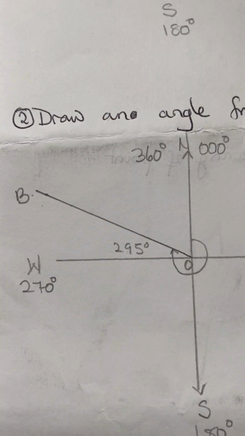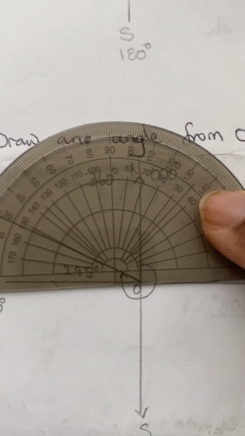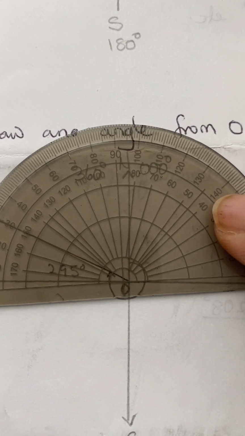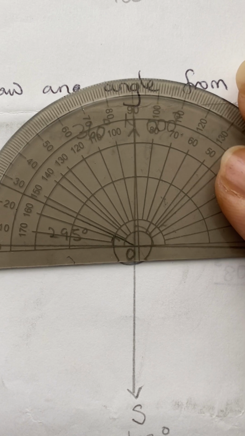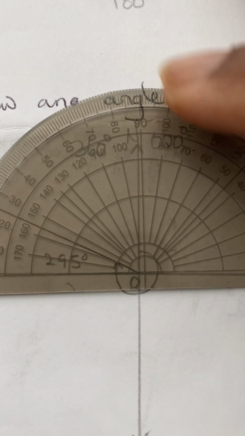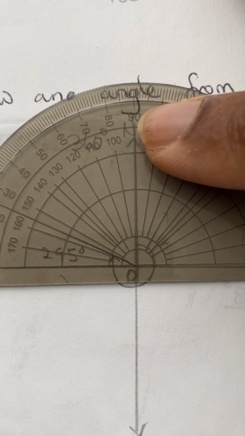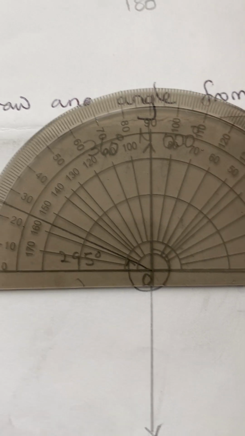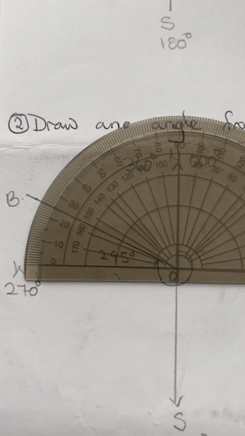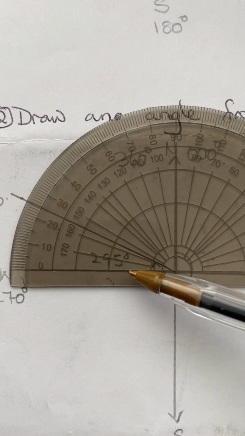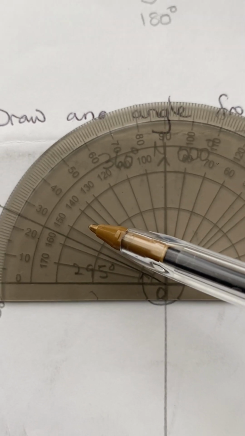So we know that here is 270. So we come here, put our protractor on the line, and then we measure 295. Now we have 270 here, so we only have 25 difference.